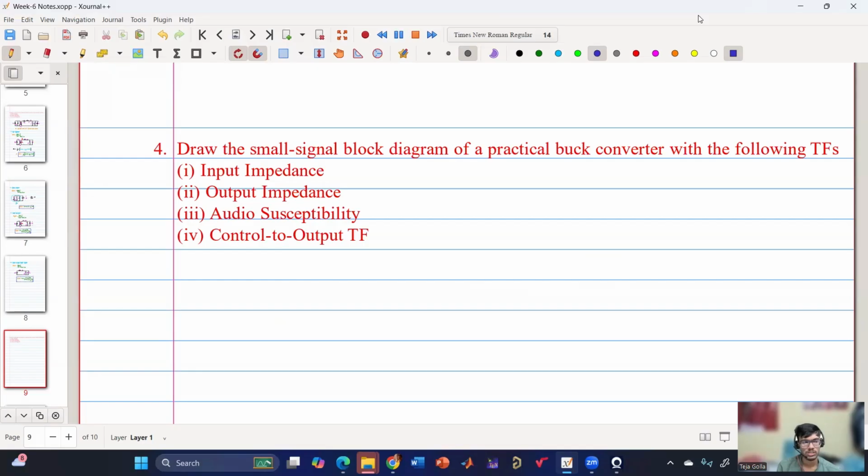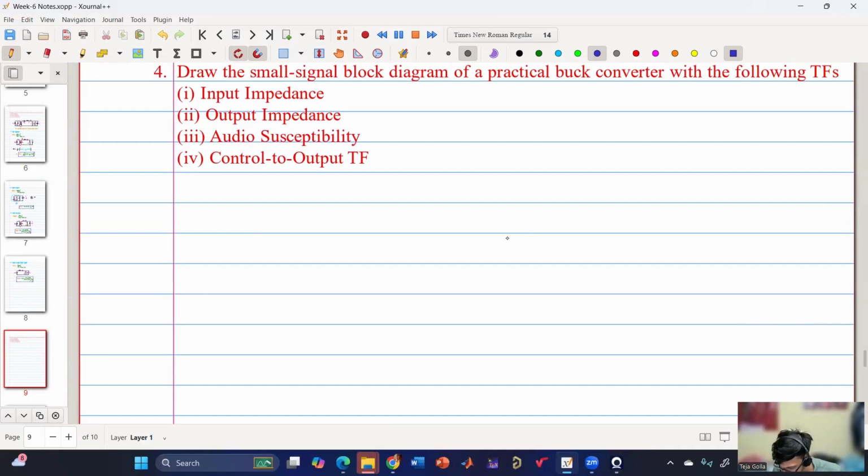Did you understand what is a small signal block diagram? The block diagram that we developed in the initial weeks for the RLC circuit. Yes. Very good. So we have to draw a similar block diagram, but we'll be using transfer functions as the blocks. So we'll be using input impedance, output impedance, audio susceptibility, as well as control to output transfer function blocks, and then we'll combine everything.